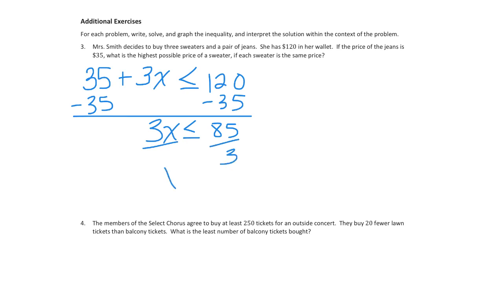Divide by 3, and so x must be less than or equal to, let me grab my calculator here, and I get 28, and since it's money, I'm going to use decimals, round off to the hundredths place, 28.33.